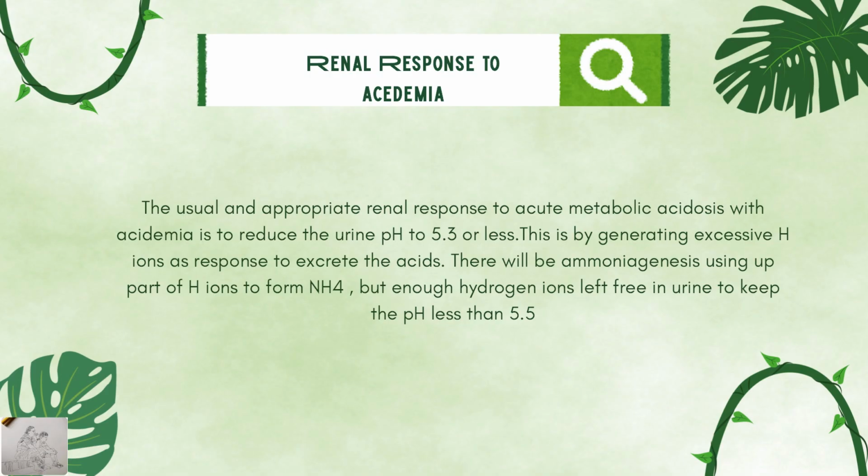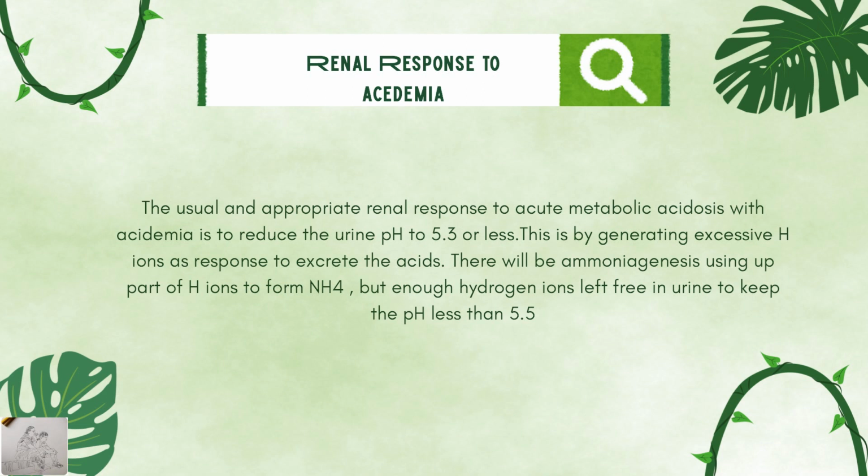The appropriate renal response to a metabolic acidemia is to excrete the acid. Excreting acid is done by generating excessive hydrogen ions, which then combine with the ammonia to form ammonium.